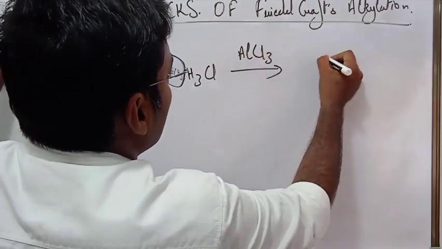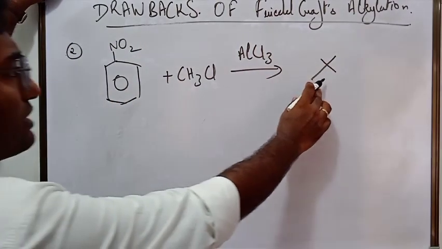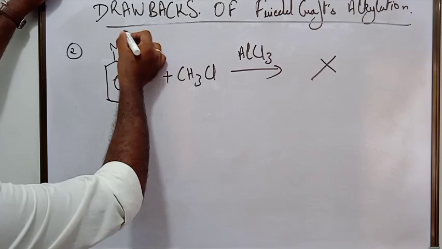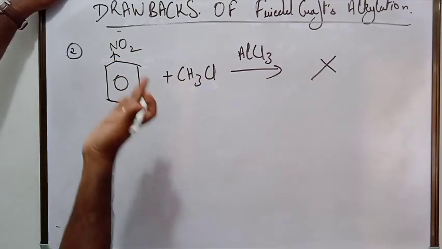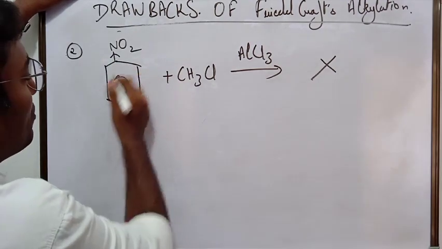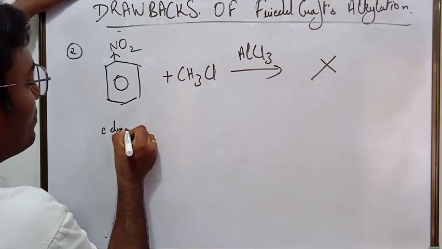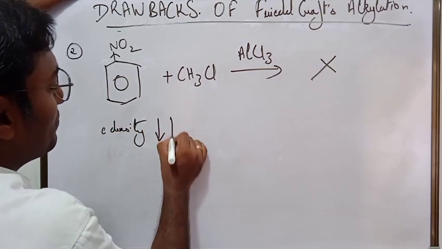There will be no reaction at all. Why won't there be any reaction? Because NO2 is an electron withdrawer. It withdraws the electrons. So that makes the electron density in the benzene ring come down drastically.